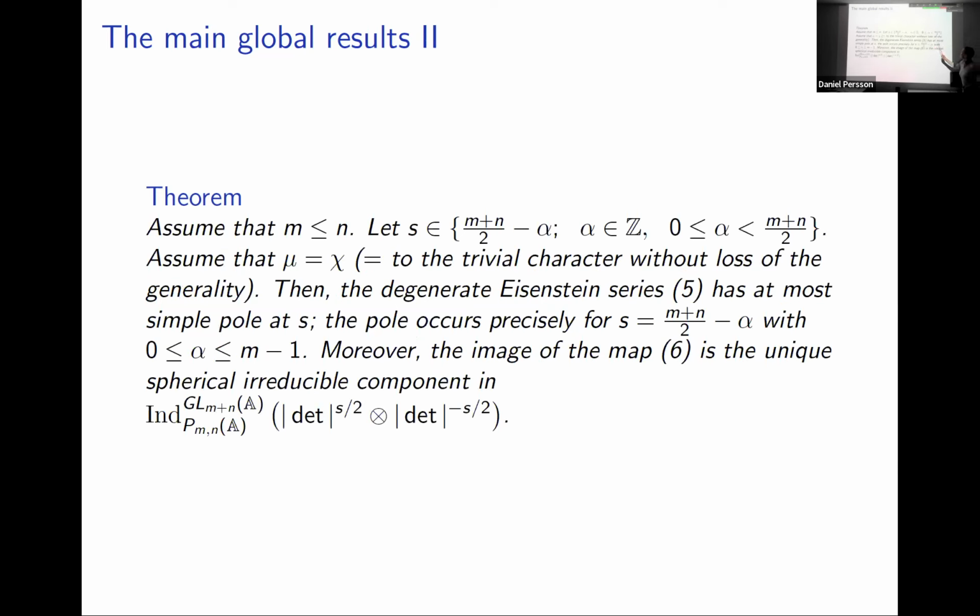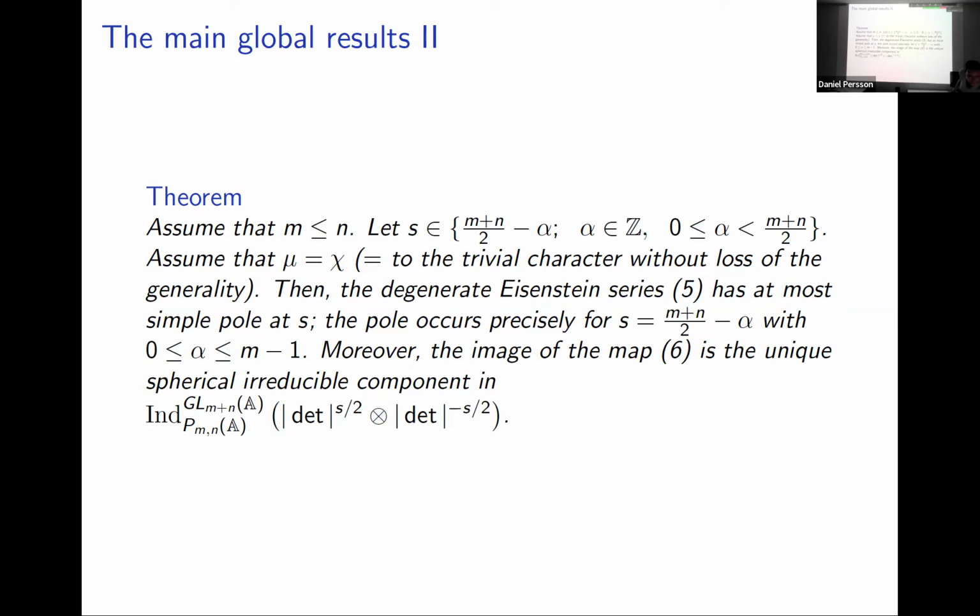And now for simplicity, assume that these two Gross characters are the same, so we can factor them out. So we can say that they are both trivial. Then the general principal series Eisenstein series has its simplest form, and the simple pole really appears when alpha is less than or equal to n minus 1. Generally, we look at alpha like this. For bigger alphas, you don't get poles. And the image of the map is irreducible. It is the unique spherical irreducible component in this representation.